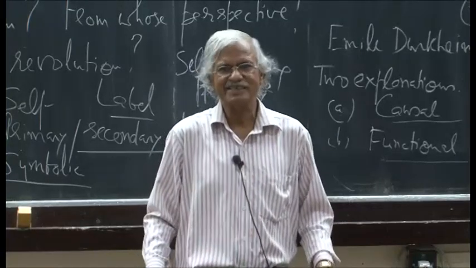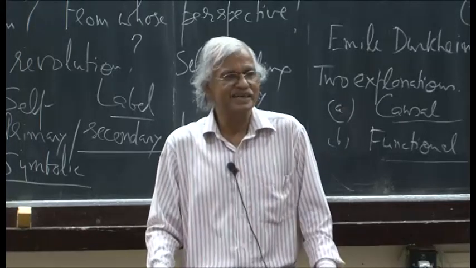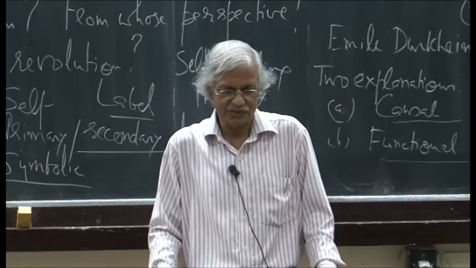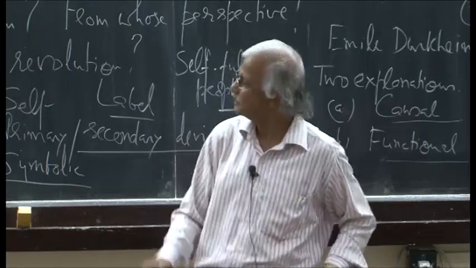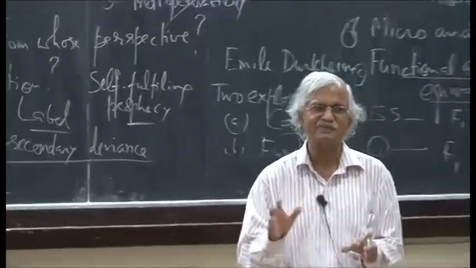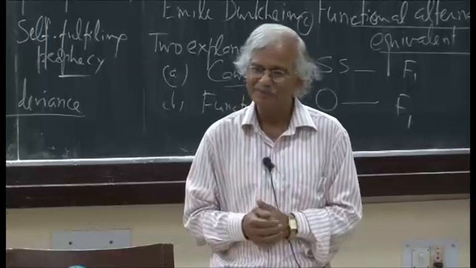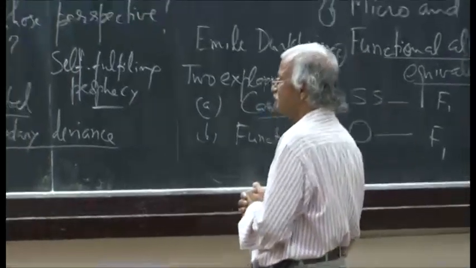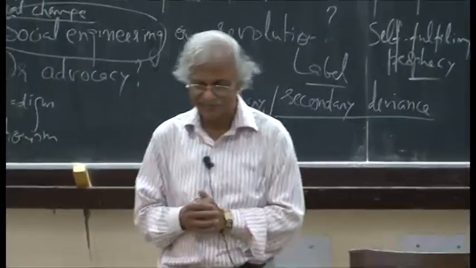I said that I am not a specialist in education, but still let me make an effort. So my discussion on the relationship between education and theories must be seen from that perspective only, that I am trying to illustrate certain theoretical ideas by taking the example of education. But they are not the final truths and they are not based on any evidence.